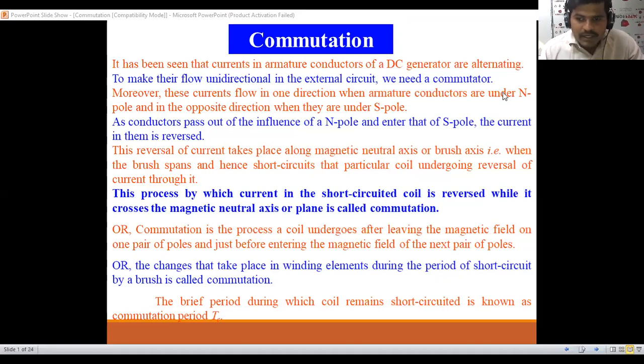Now today we will discuss the next point of this unit. This is one of the important points, that is, commutation, or the process of commutation. What is a commutator? I have already described the commutator in the construction part. The commutator is a cylindrical drum-like structure which is mounted on the shaft. The commutator has commutator segments.